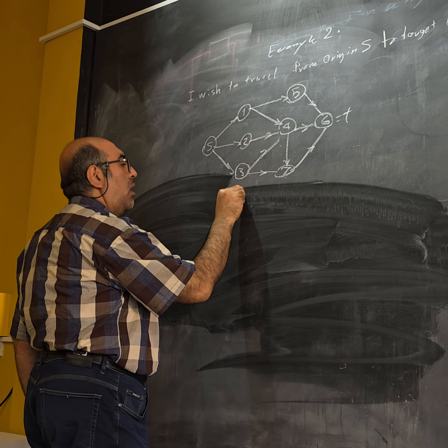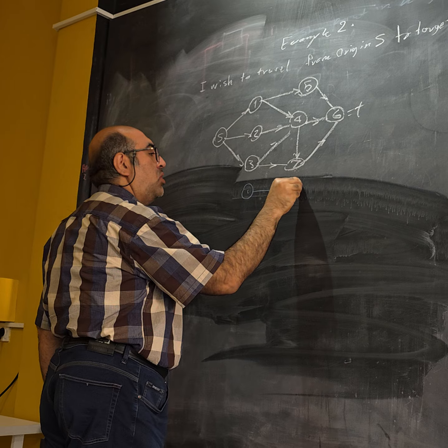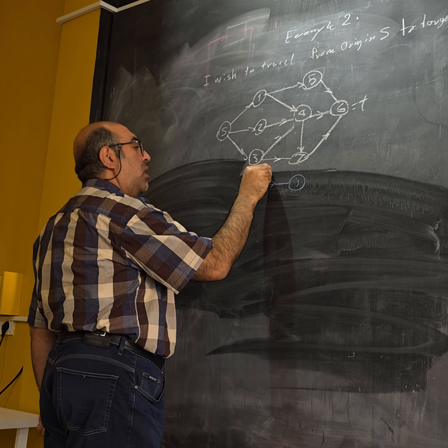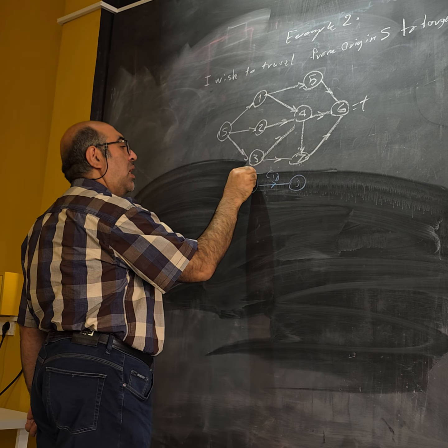For any i and j, I define Cij as the cost.